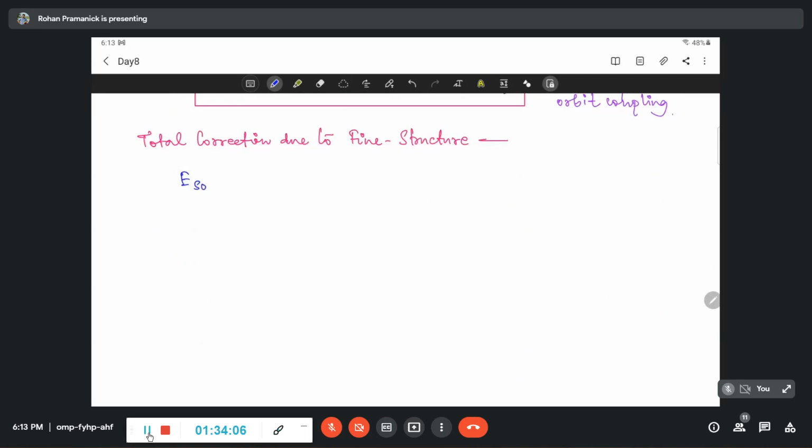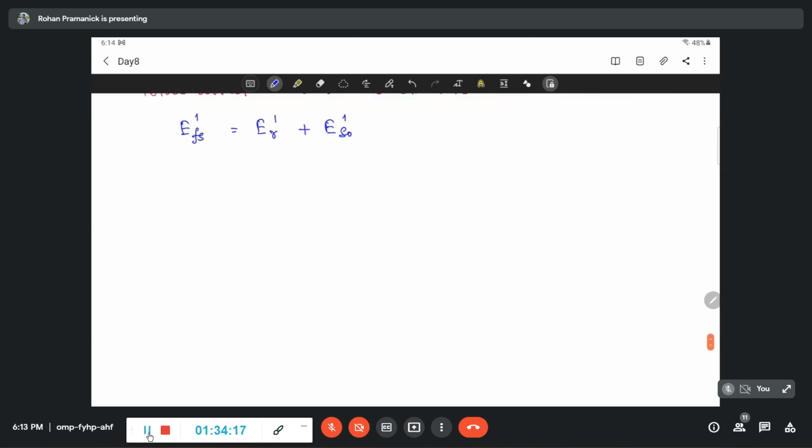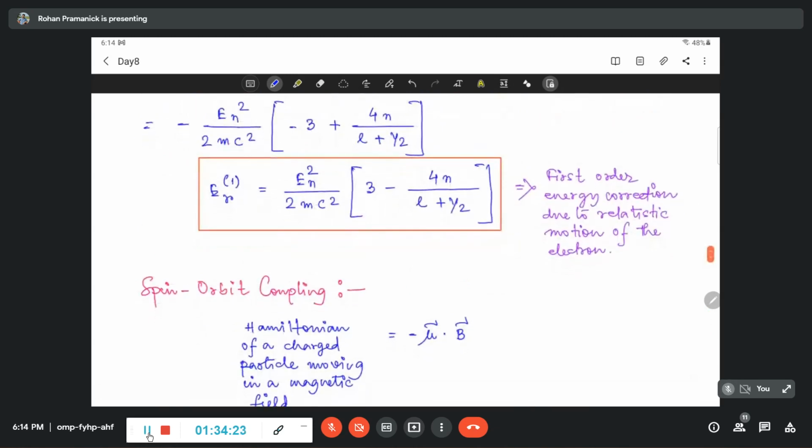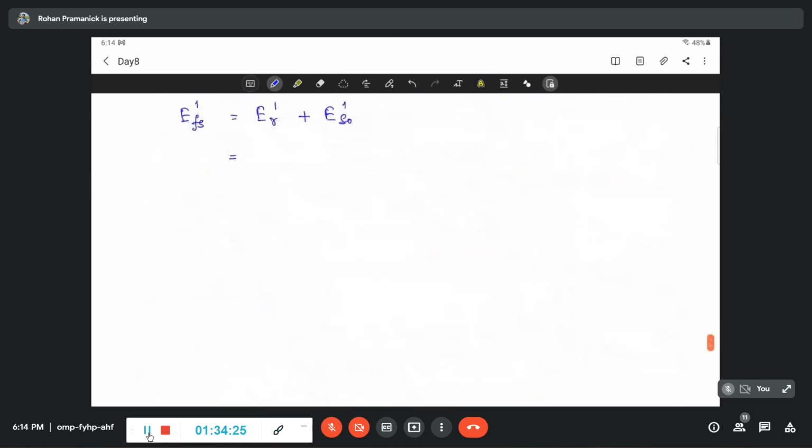The fine structure is E relativistic correction plus E spin orbit correction, and this thing was written over here as E_n squared by 2mc squared. Previously you had 3 minus 4n over L plus half. These are linear calculations, nothing more than that.